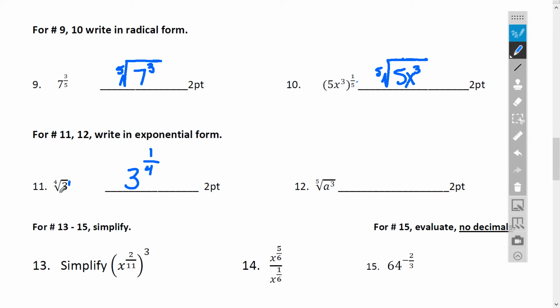So 3 to the 1/4 power. Number 12, the denominator will be the index, so the index is 5, so the denominator is 5. And then the exponent is 3, a cubed, so this is a to the 3/5 power. That's exponential form.